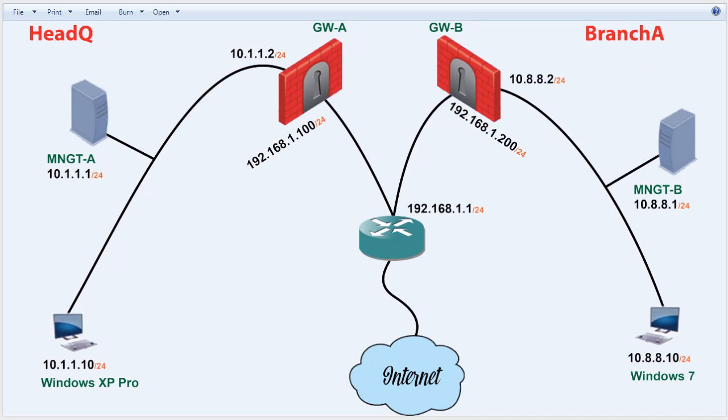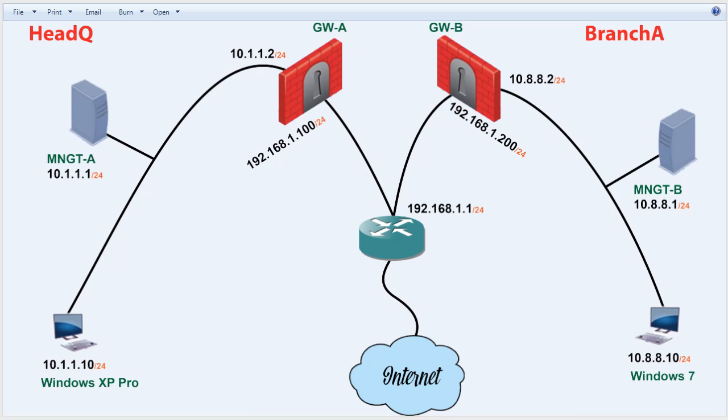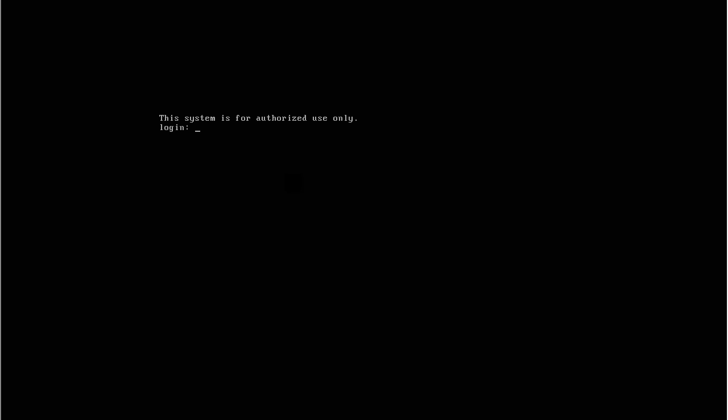If I go to my workstation 10, I have all this virtual environment. And before I continue, please bear in mind I name this management server management A, this one management B. I name this firewall GW as for gateway B and gateway A. All right, so let's go to our workstation 10, which I run all these virtual machines.